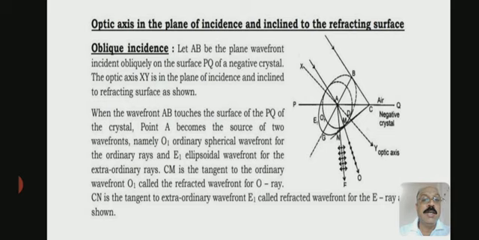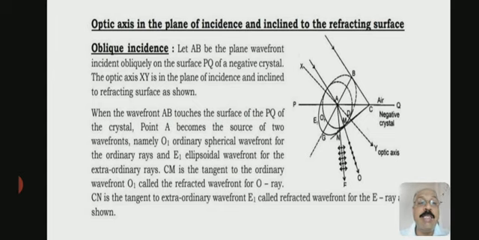shown in the figure. When the wavefront AB touches the surface PQ of the crystal, point A becomes the source of two wavefronts, namely O1, the ordinary spherical wavefront for the ordinary ray, and E1, the ellipsoidal wavefront for the extraordinary ray.